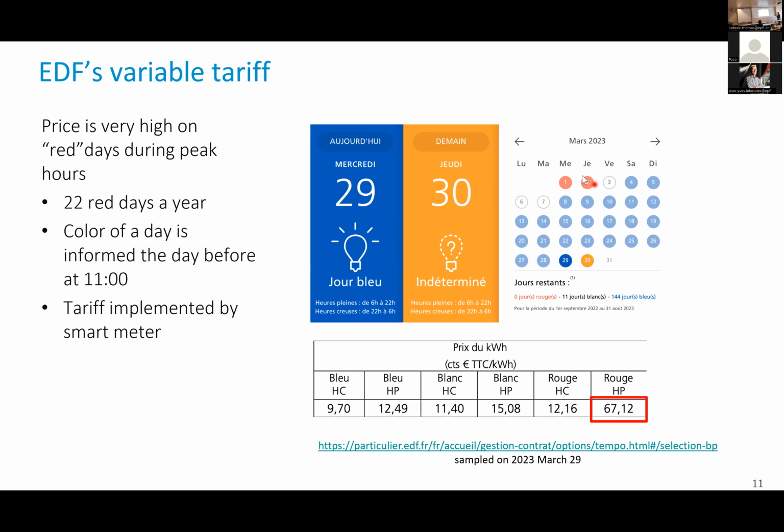And when a day is red, there are still 2 peak and off-peak hour prices. When you are at the peak hour prices on a red day, the price of electricity is a factor 6 of what it is otherwise here, 4 to 6 otherwise. So very expensive. If you heat your house with resistive heating at this time of the day, you will quickly have problems with your bank account or with your banker. It will cost you a huge amount of money.